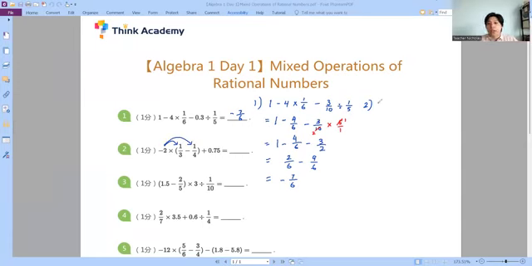I'm going to take negative 2 multiplied into 1/3. That's going to be negative 2 out of 3. And negative 2 times 1/4 is going to be plus 2 out of 4. Now for simplicity's sake, let me rewrite 0.75 as 3/4, rewriting it as a fraction.